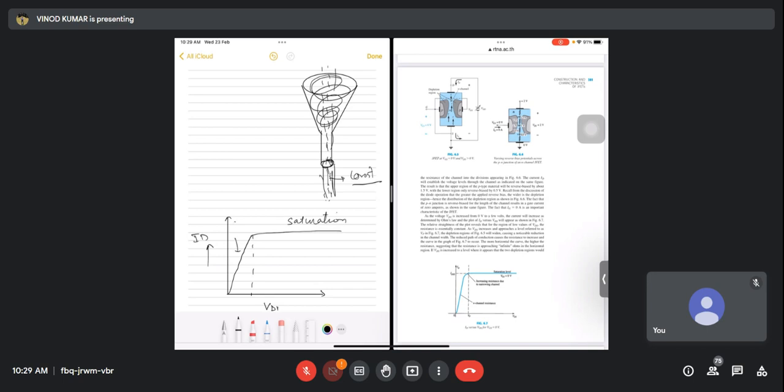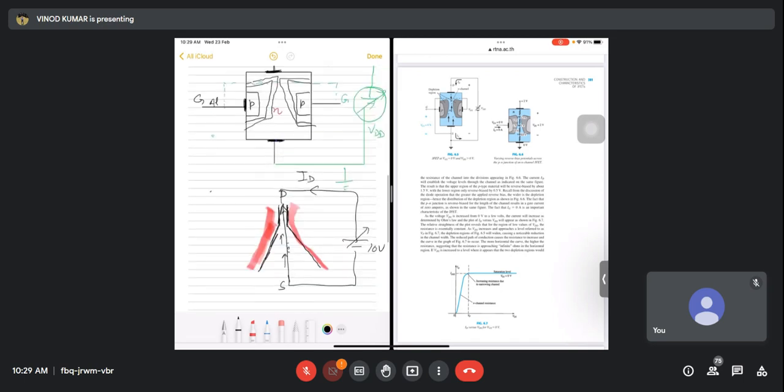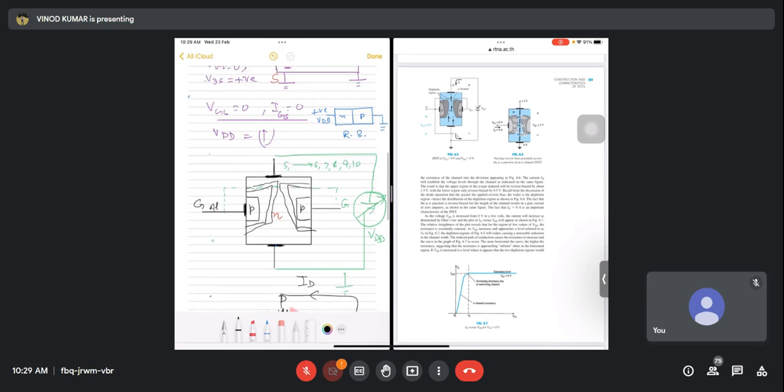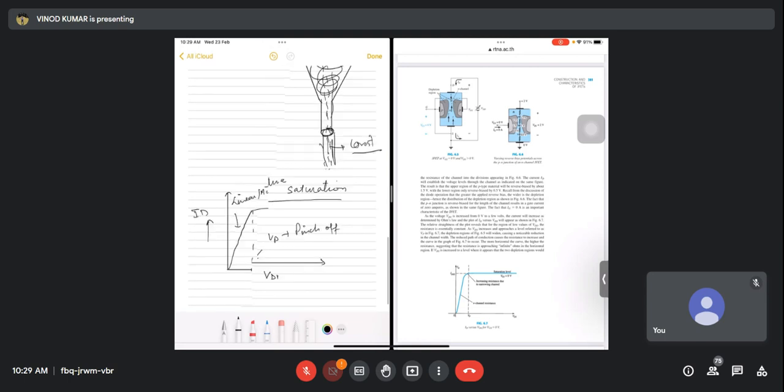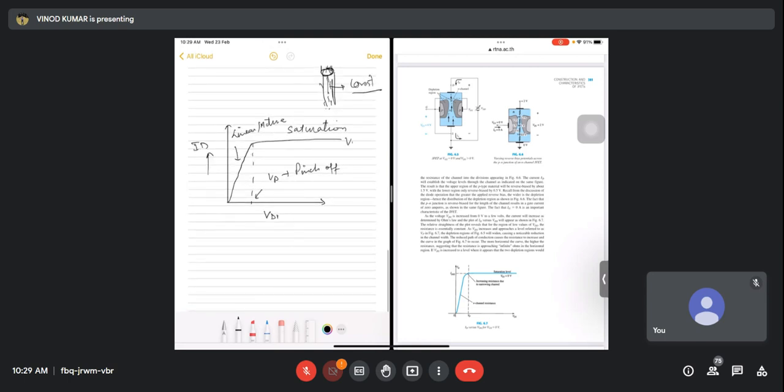So initially क्या है? ये लीनियर है, लीनियर और एक्टिव. और जब ये when it is reaching up to pinch off means this situation, ये pinch off है एक तरह से. Okay, right? So this is at VGS is equal to 0 volt.